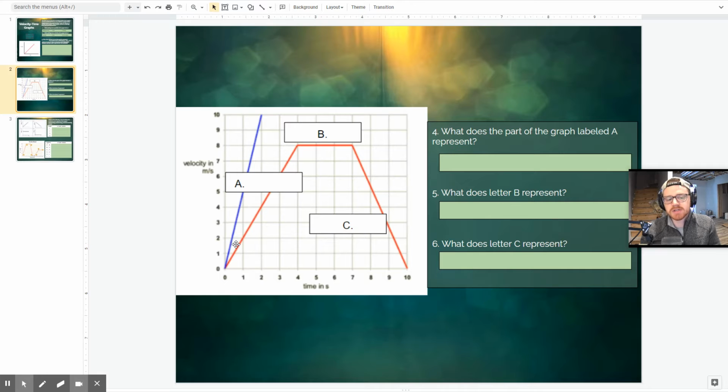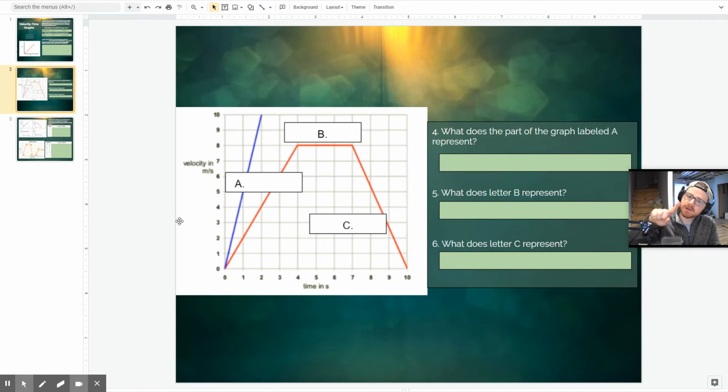Okay. So let's think about what straight lines told us on position time graphs. Remember, on position time graphs, a straight line that goes up is going to tell us that we are positively increasing the position or the displacement of our moving object in relationship to time.